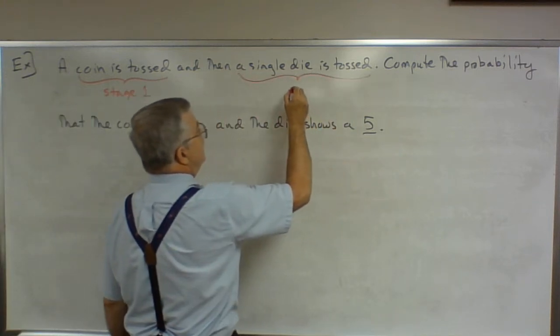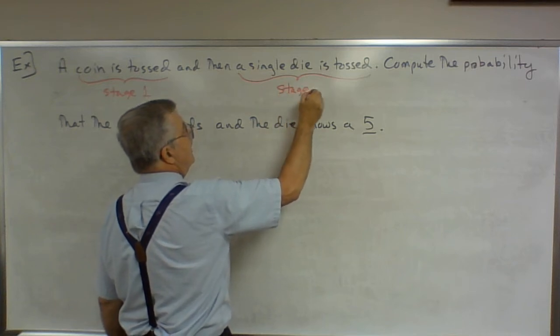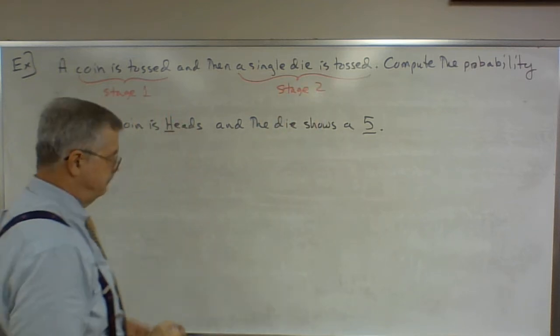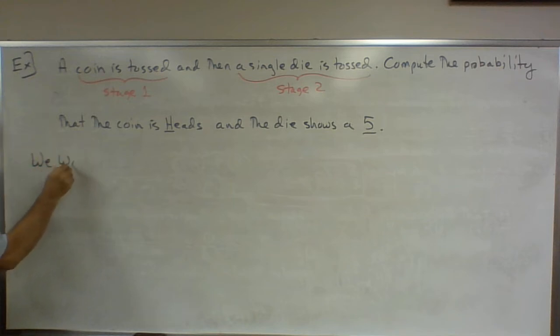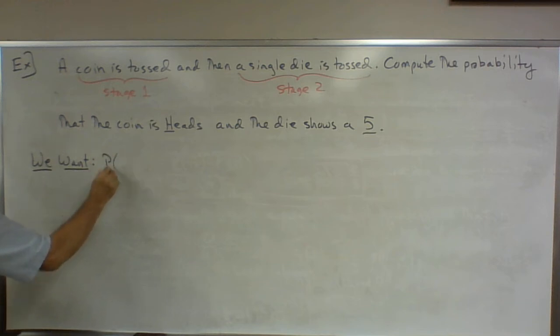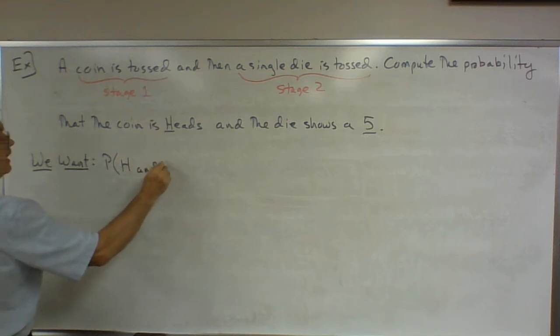A single die is tossed, that's stage 2. And what we want is the probability that the coin is heads and the die is a 5.